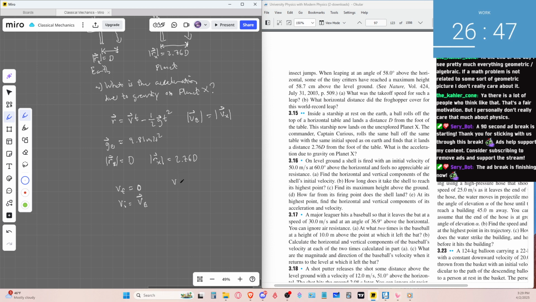So we have the equation: final velocity squared equals initial velocity squared plus 2g times the difference in position. Technically, there should be a negative.